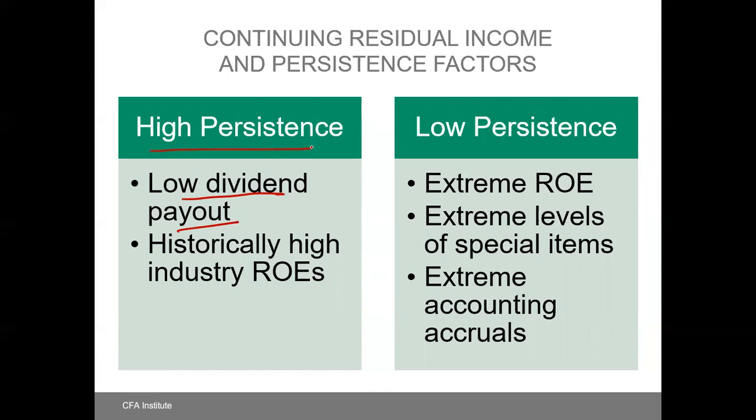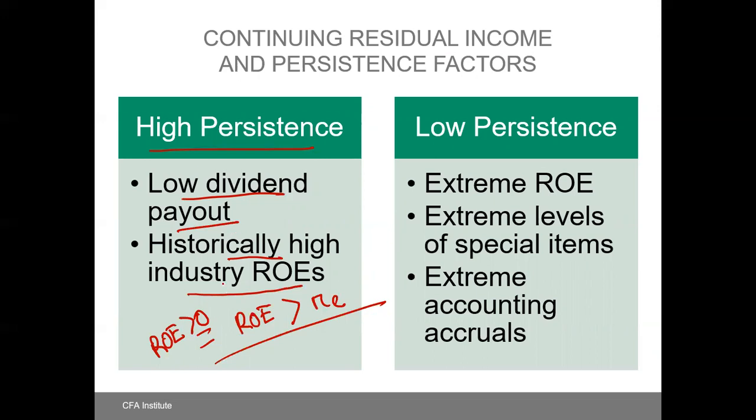The firm has high persistence for generating high residual income. And if the firm has historically high industry ROE, what do you expect? High industry ROE, what does it mean? In that case, ROE is a positive number or a good term. Okay, those are the reasons for high persistence.